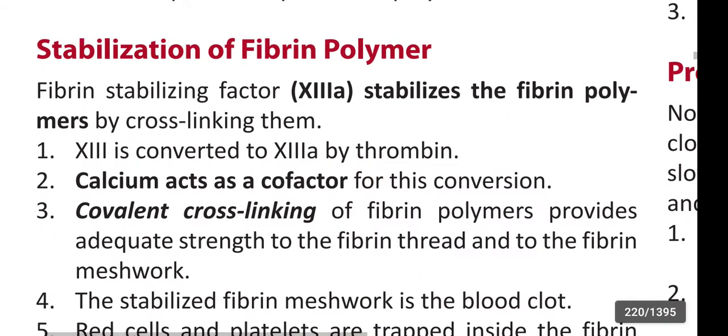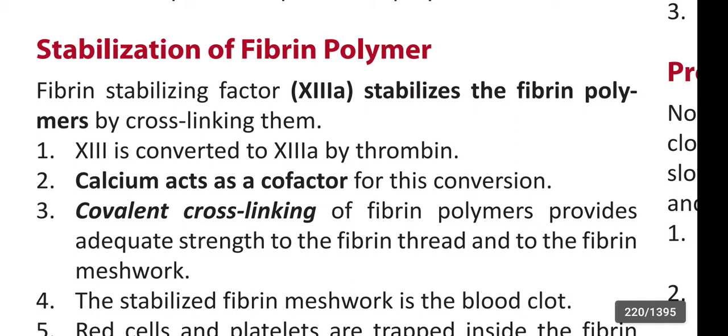Stabilization of fibrin polymer. Fibrin stabilizing factor, that is activated factor 13. We call factor 13 as fibrin stabilizing factor. It stabilizes the fibrin polymers by cross-linking them. The factor 13 is converted to activated factor 13 by thrombin.